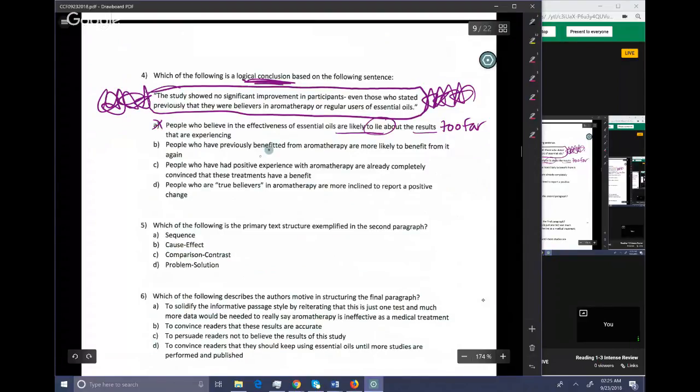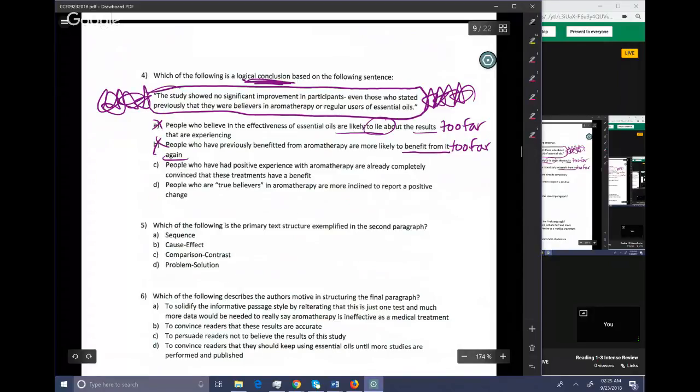People who have previously benefited from aromatherapy are more likely to benefit from it again. So again, that's too far. We don't have any information in front of us that says if you benefited from essential oils before, you're physically more likely to benefit again, and that's what they're saying there.